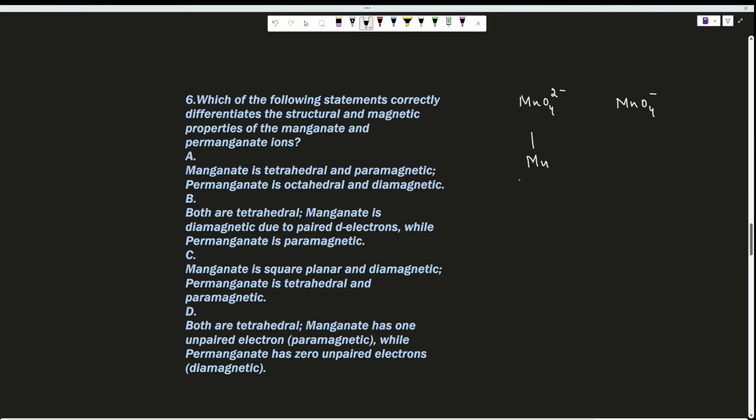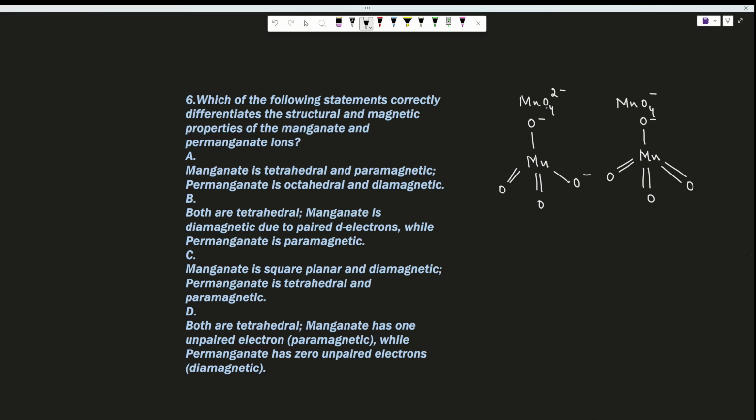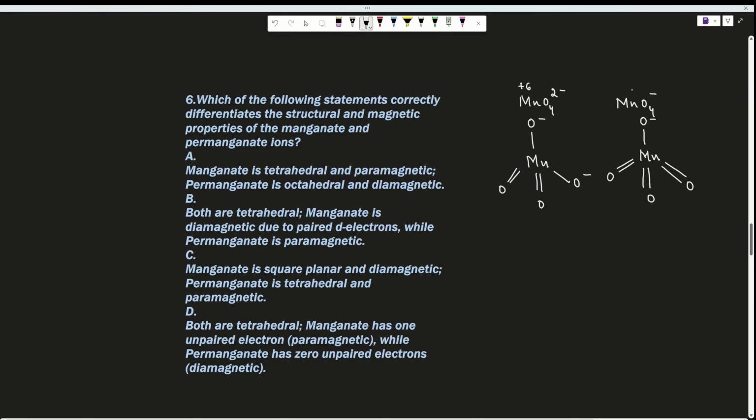Mn you have and then 4 oxygens, here 2 are having minus, so 2 more with double bond. In this case Mn you have 4 oxygens, 1 with minus and 3 more having double bonds like this. Okay, so both are tetrahedral.